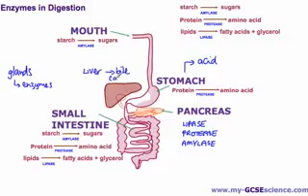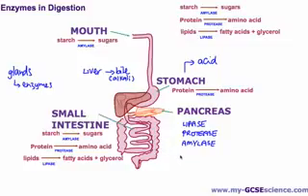Bile is an alkali. The bile can empty its contents into the small intestine, so anything coming out of the stomach that's acidic gets neutralized and made alkaline, so that the enzymes in the small intestine can work. In fact, the small intestine enzymes work best in alkali conditions.